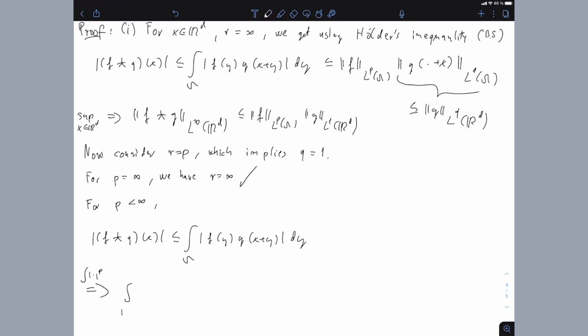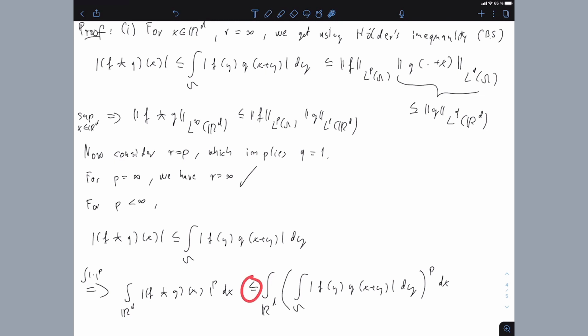So that means that the correlation of f and g of x to the P dx is smaller or equal to the integral of the right-hand side to the P. The P's power is monotonic, so we keep the inequality, and integration is also monotonic, so we keep this here.